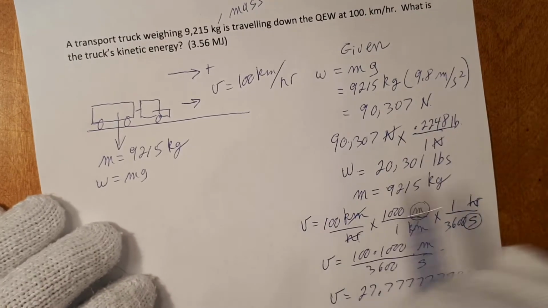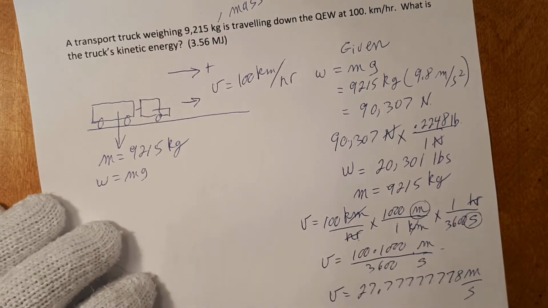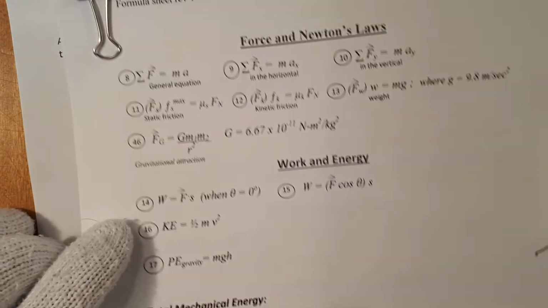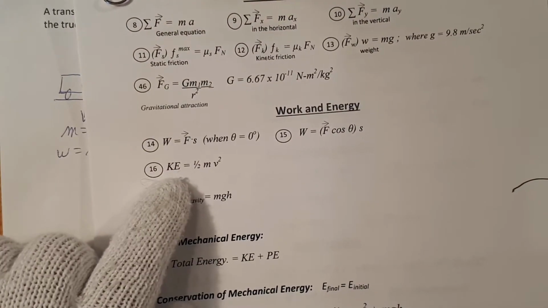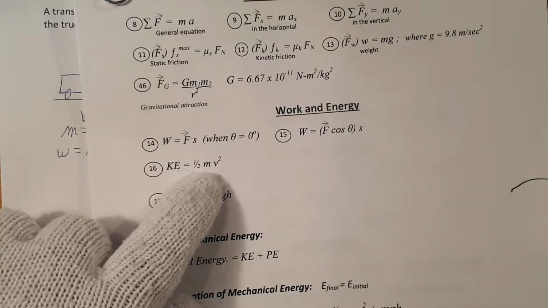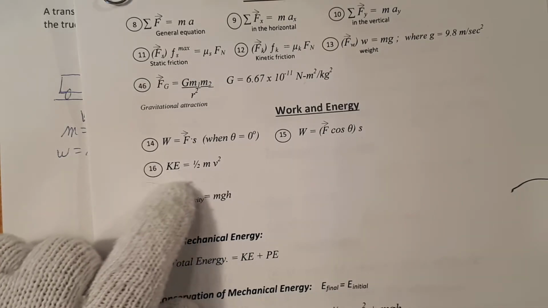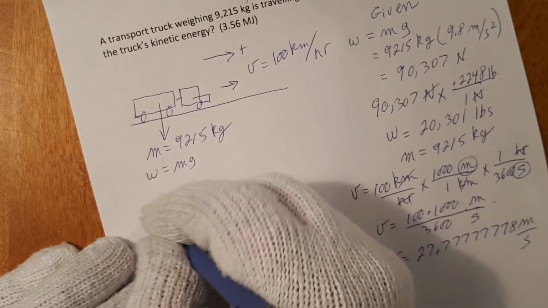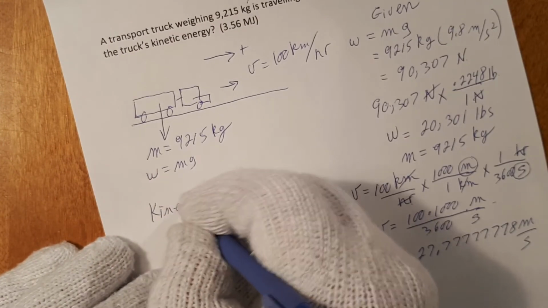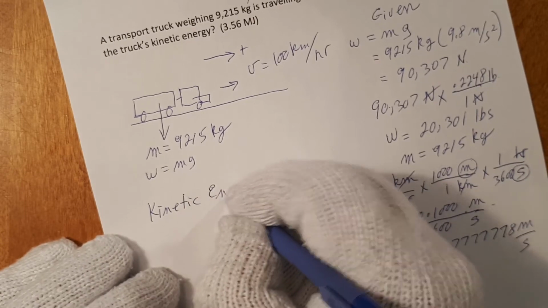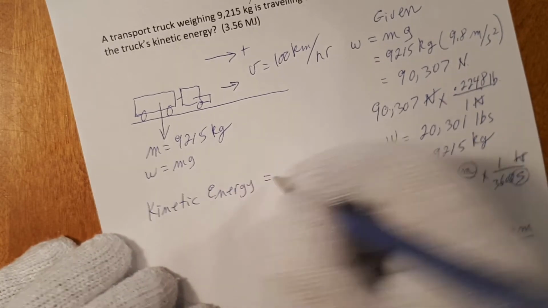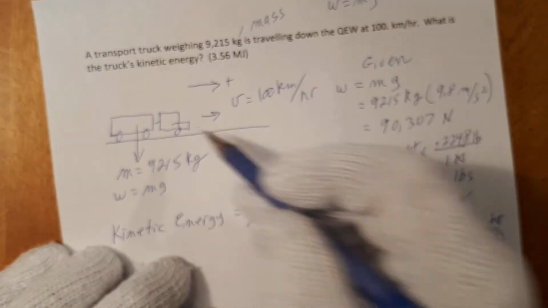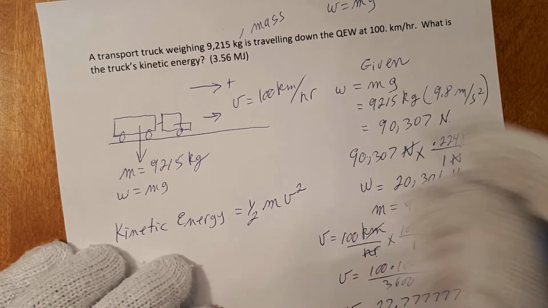All that's left to do now is to find the equation. We're asked to find kinetic energy. In our equations, kinetic energy is represented by KE is equal to 1/2 mass times the velocity squared. Let's write that down. Kinetic energy is equal to 1/2 times the mass of the item, in this case the truck, times its velocity squared.